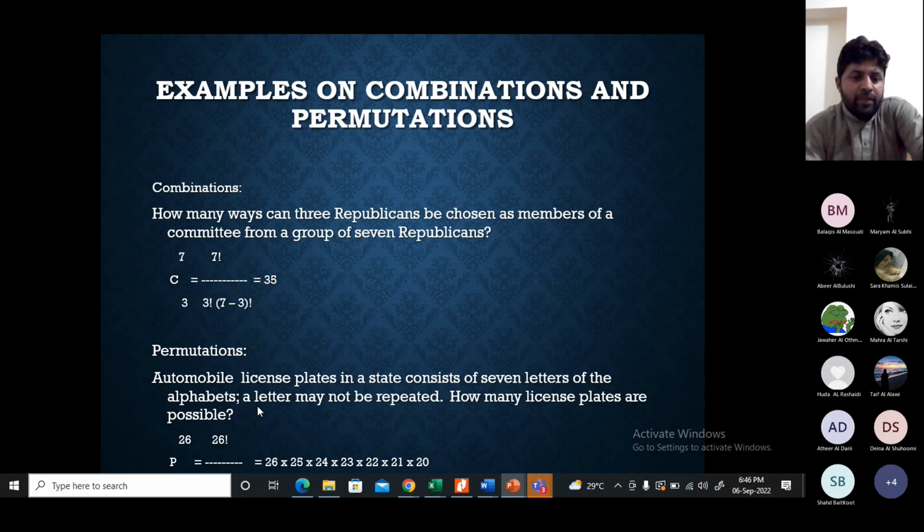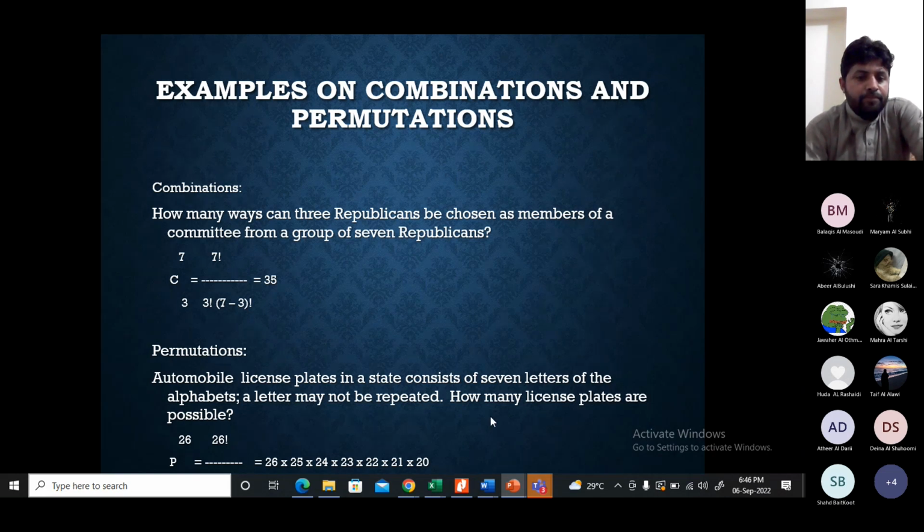So in a similar example regarding permutation, automobile license plates in a state consist of 7 letters of the alphabet. A letter may not be repeated. How many license plates are possible?